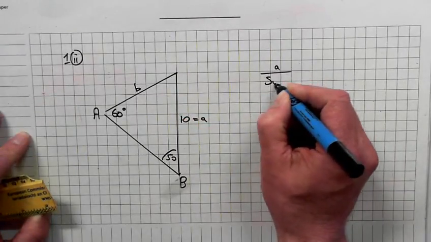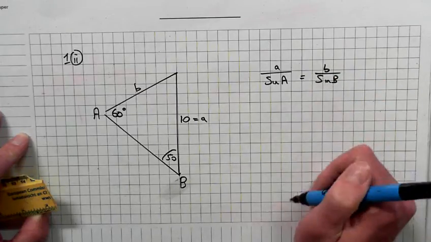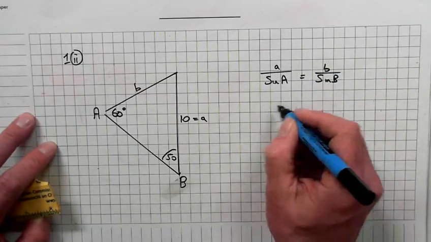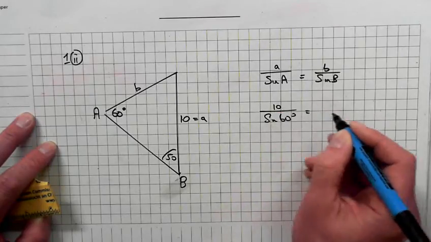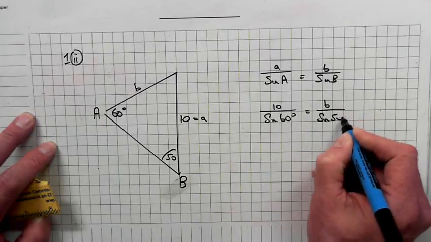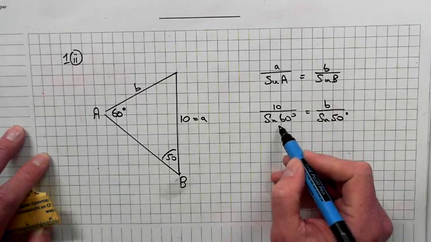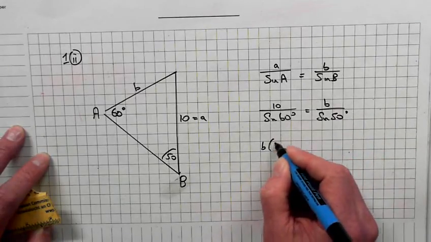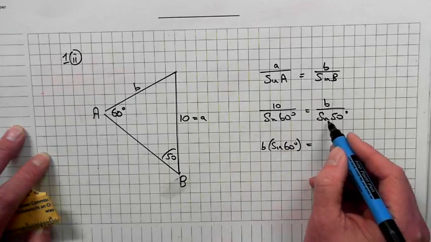What's the formula? a over sine A equals b over sine B. So a is 10 over sine 60 degrees. We're looking for b, over sine 50 degrees. Now we cross multiply, so it's b times sine of 60 degrees is equal to 10 times sine 50.